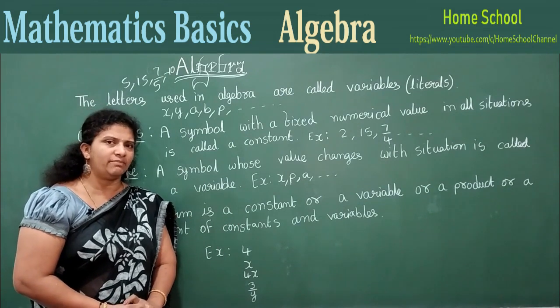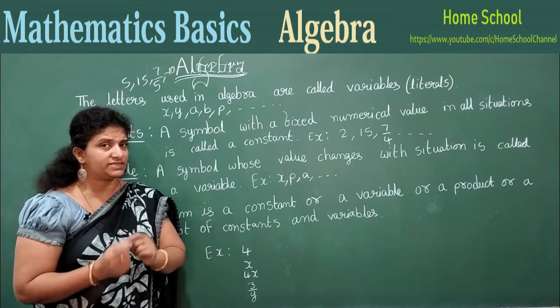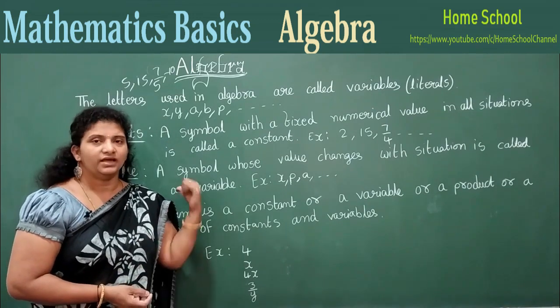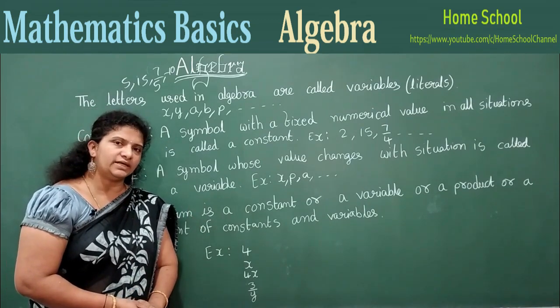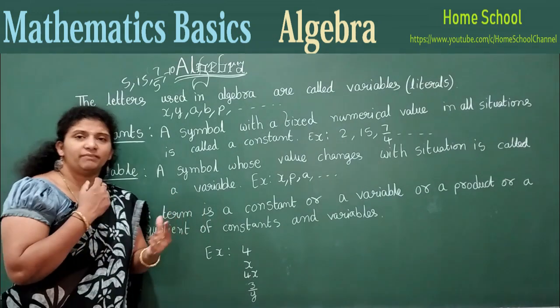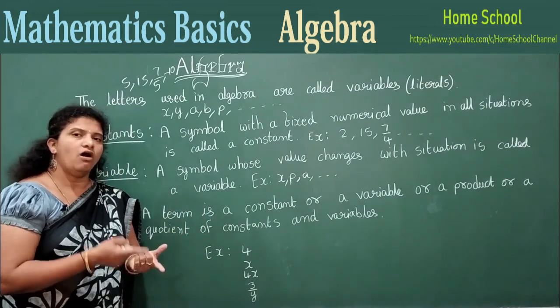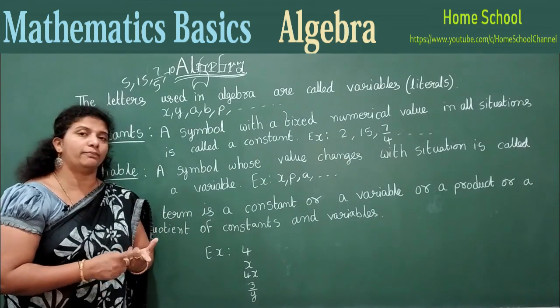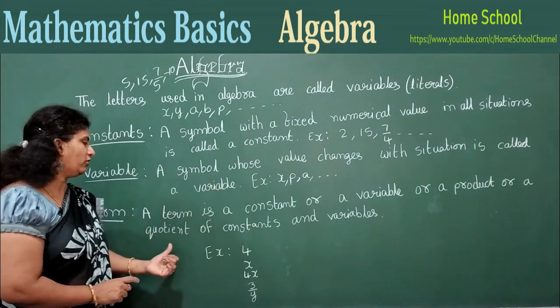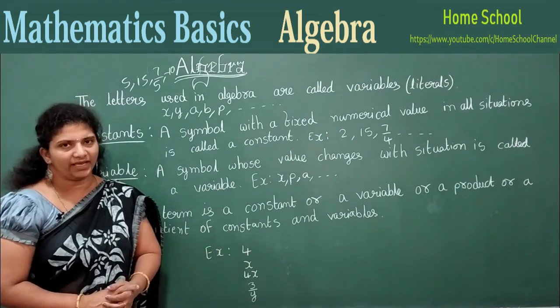A fixed number. A variable is a symbol, and the value of this variable will always be changing. Term: we call it either a constant or a variable or a product of a constant and variable or a quotient of a constant and variables.